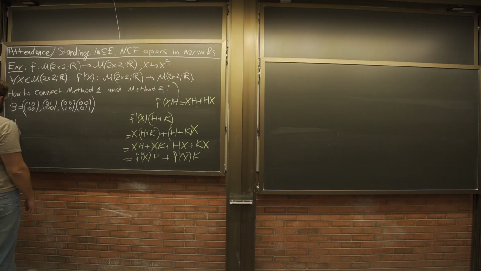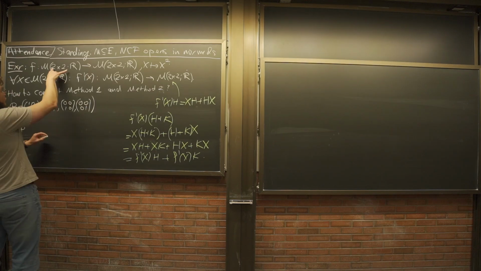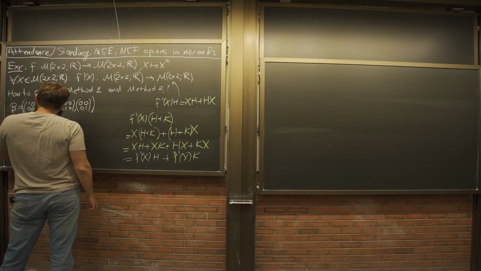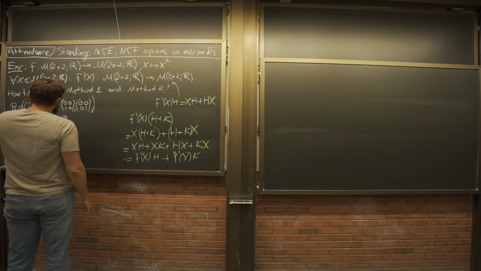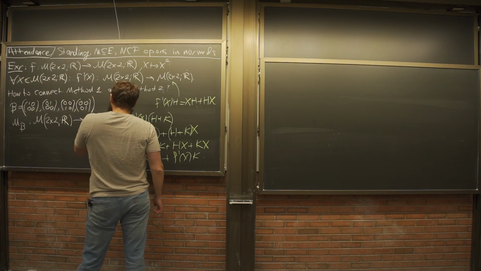Okay? M sub beta, this was the matrix representation of your vector relative to this basis, goes from this space to the space of 4 by 1 matrices.